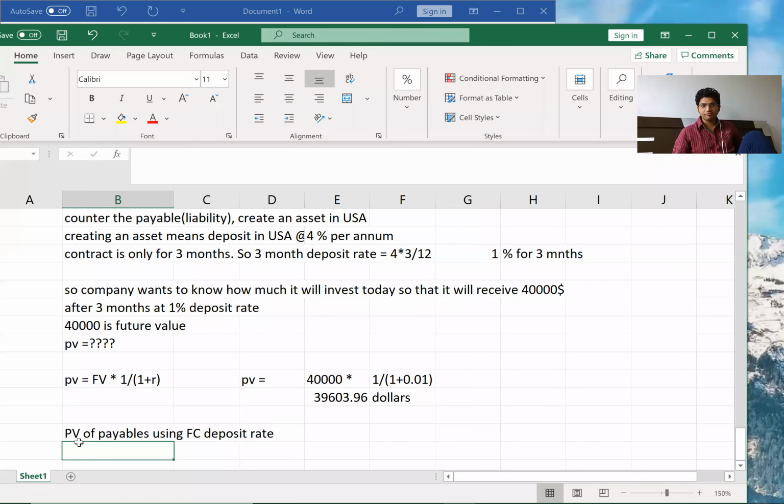So step one is to calculate the present value. Why present value? Because I only have today's exchange rate. It was payable, so we used the deposit rate. If it was receivable, we would have used the borrowing rate. Okay, got this?